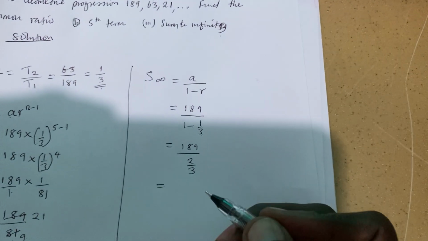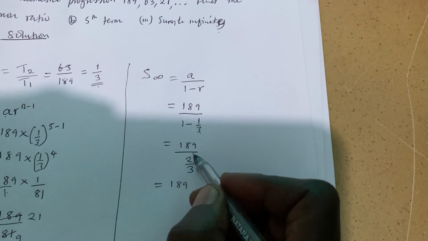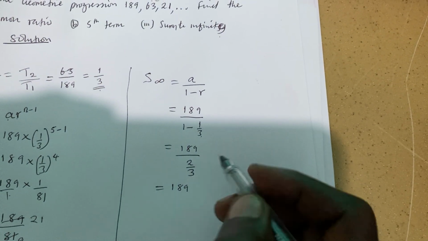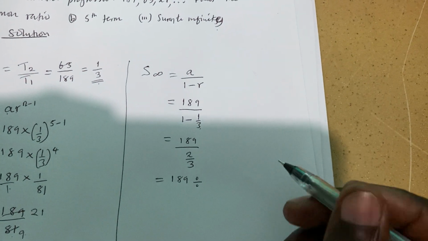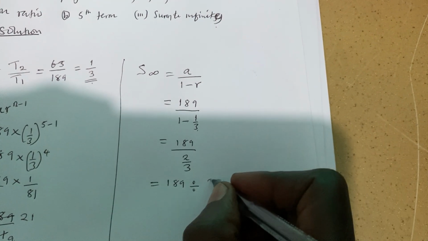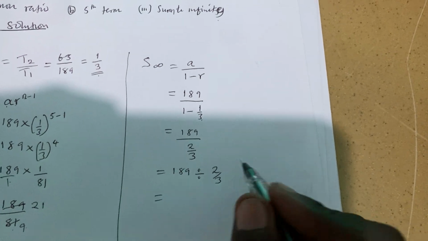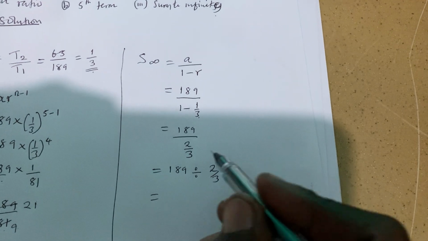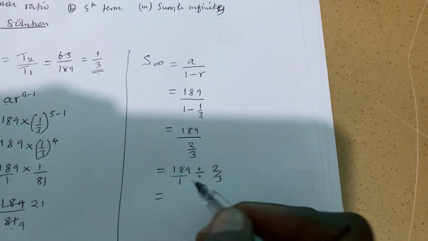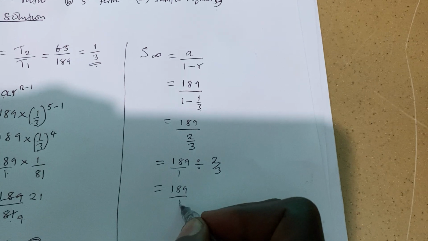So this can also be written as 189 divided by 2 over 3. 189 is a whole number, so you can also make it a fraction, over 1. So we have 189 over 1.